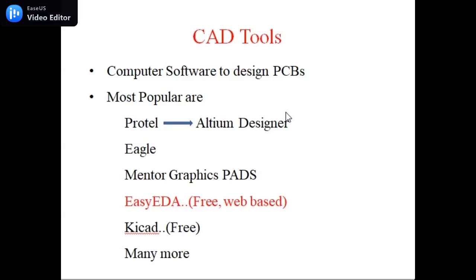I have chosen EasyEDA because it is the most adaptable tool, which can be launched in the least possible time to create single-sided as well as double-sided PCBs. Of course, I have only included those tools which are most popular. There are plenty of more tools also available. Some are free, some are commercial like Pads as well as Altium and Eagle.